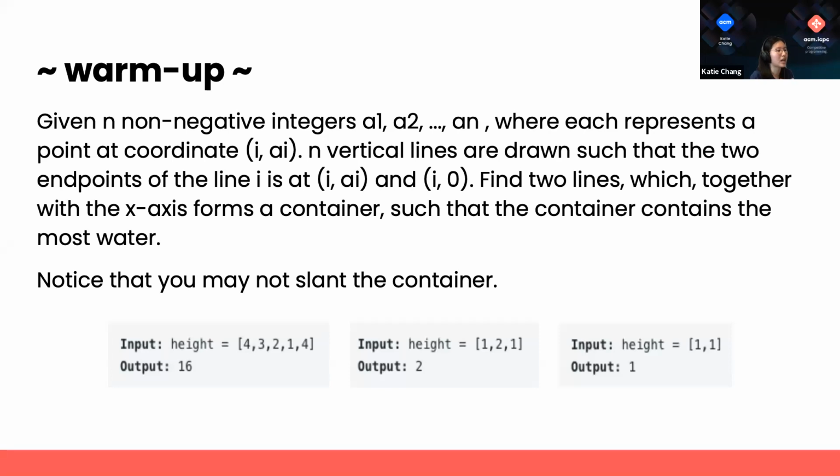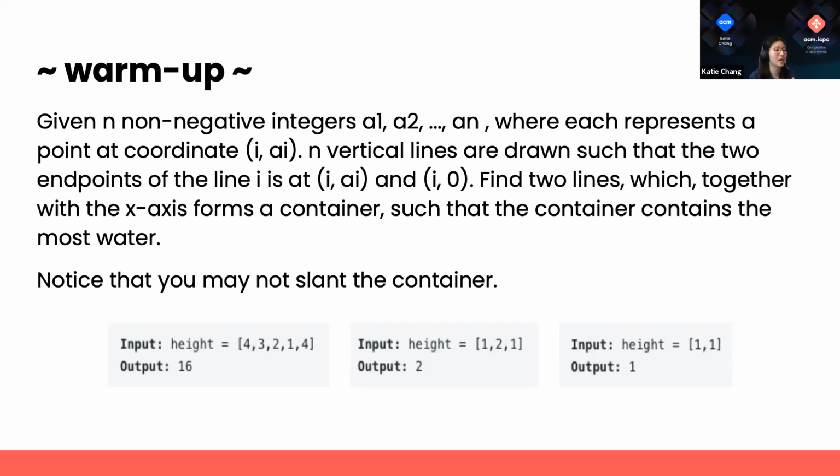If we look at the second example, it's 1, 2, 1. Your first thought might be, let's do 2 and 1, because 2 is better. Well, if we look at it, there's a height difference, so we can only go for a height of 1. And the width is 1, so that's 1 area unit.